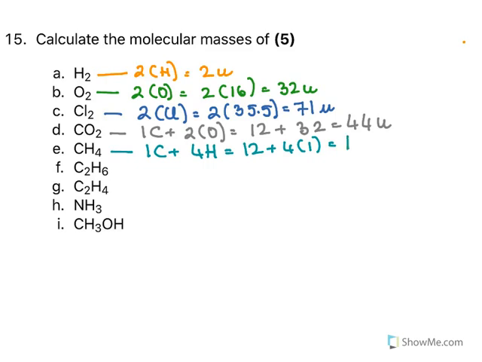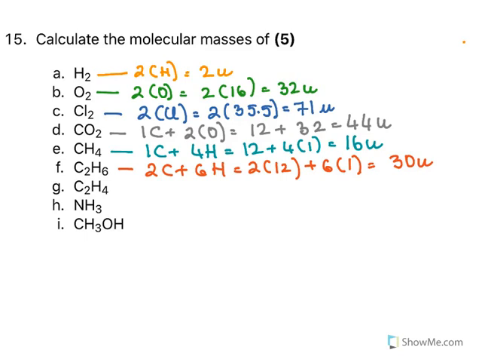You add that up and you get 16 U. Next is C2H6, 2 carbon, 6 hydrogen. That is 2 into 12 plus 6 into hydrogen is 1. And you add that up together and you get 30 U.